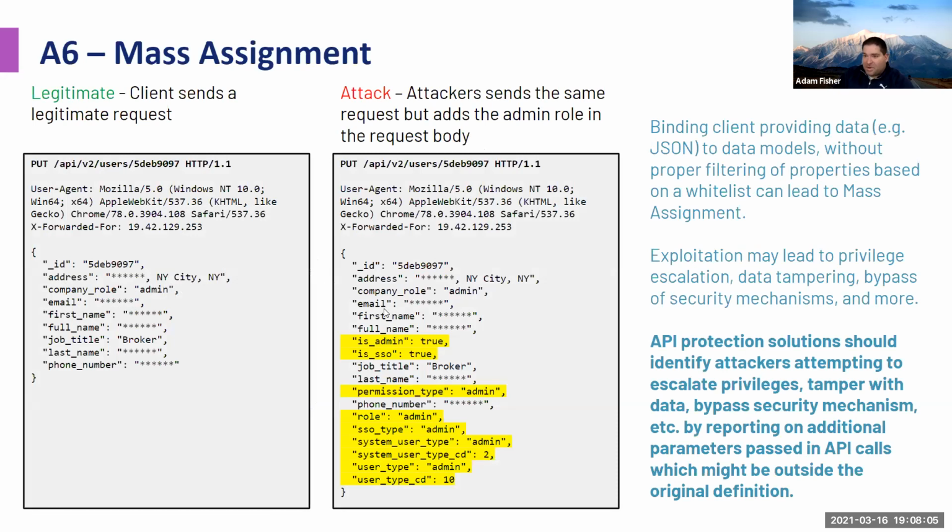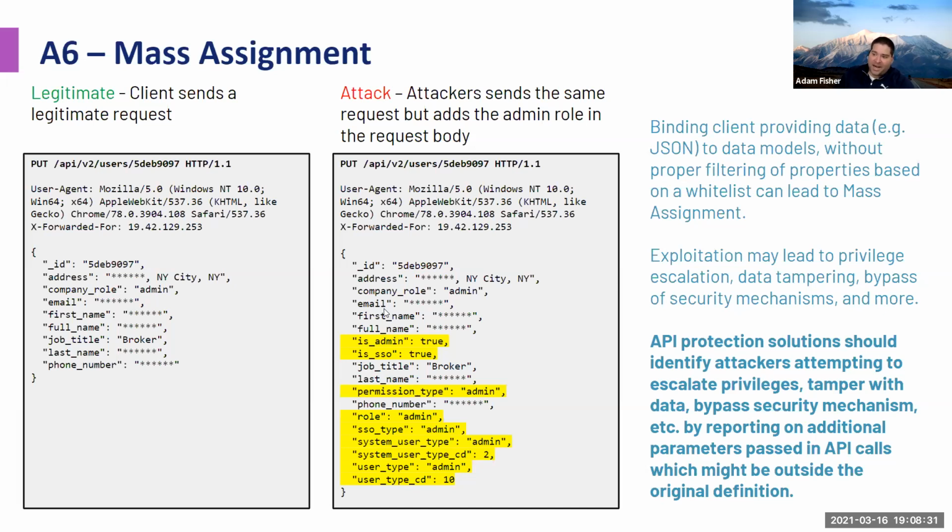All right, mass assignment. So it was asked that I focus a bit on A6. So we'll look at some of these. I actually think I have a pretty slick example of one that I recently discovered in the customer environment I was working in. So mass assignment is now I'm trying to elevate my permissions. This is normally done, let's say you have a login endpoint.